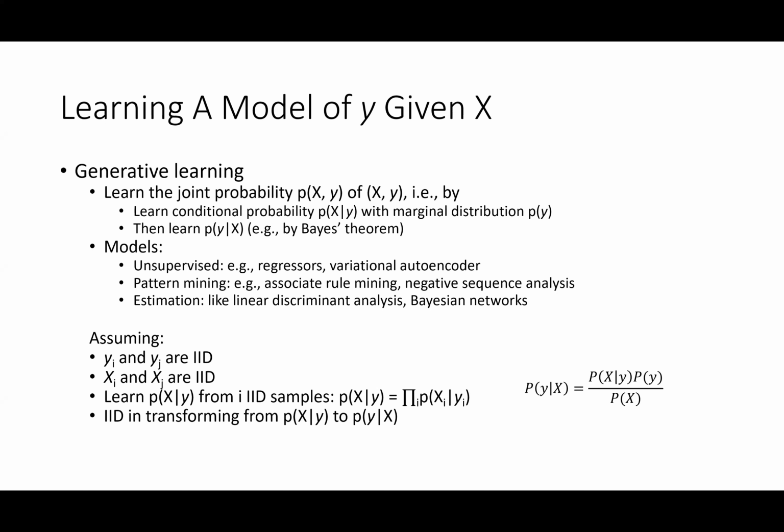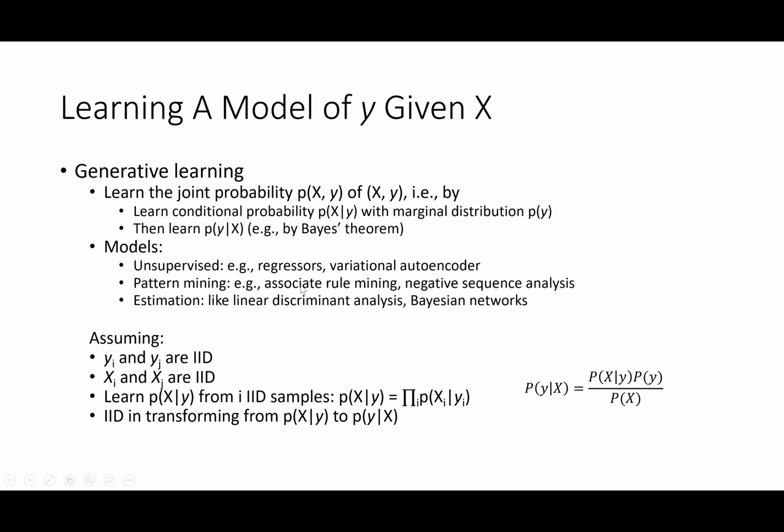Another big family in machine learning is called generative learning. And the principle is that we learn a joint probability P(x,y). And when we do that, we have basically two tasks. First, to learn the conditional probability of the sample x given y, and assume we already know the marginal distribution of P(y), and then based on the Bayesian rule, we can derive the posterior P(y|x), right? Okay.